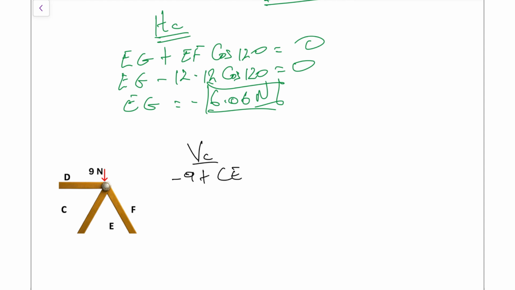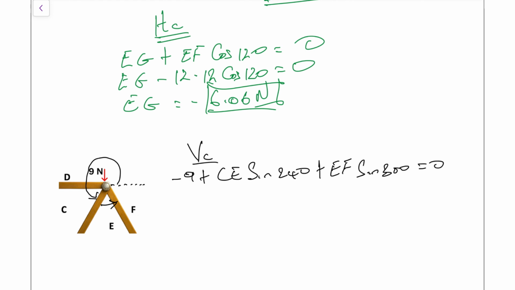Once again, if we were to do a dotted line like that, the angle measured is right there. So it's going to be CE sin, and that's 180 plus 60, so sin 240. And then the EF member is just going to be another 60 degrees going in that same direction. So it's EF sin 300 equals 0.